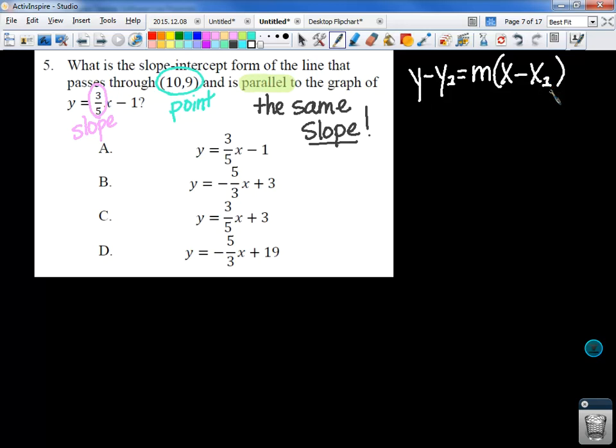Okay. So I have y minus my y1, which is 9, equals, the slope is 3/5, times x minus, we're going to use this point right here, 10.